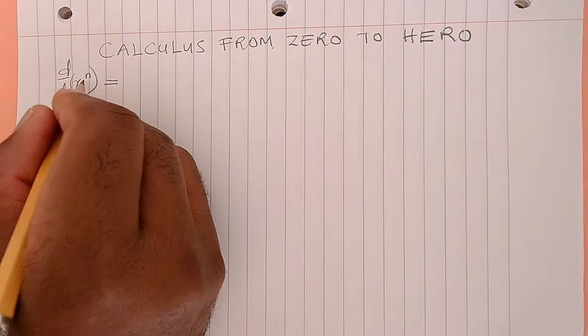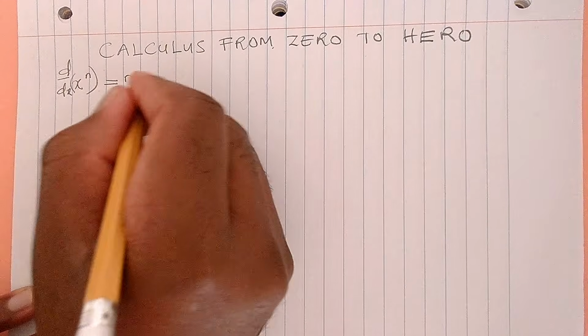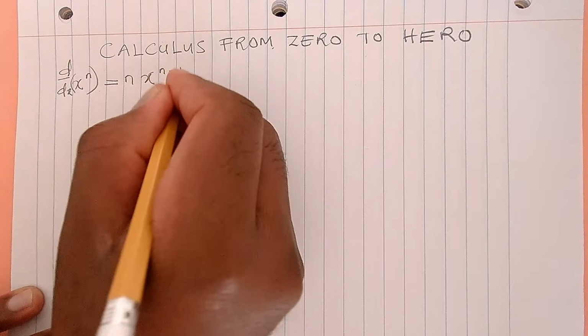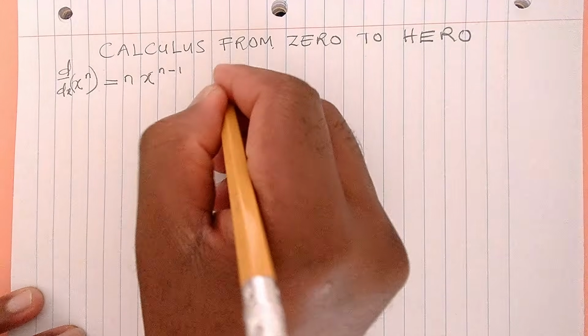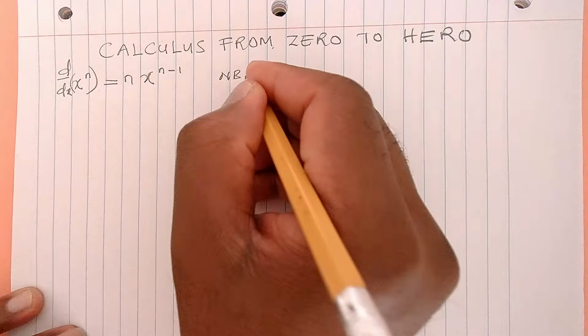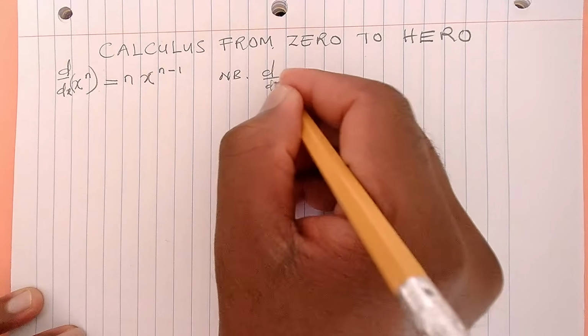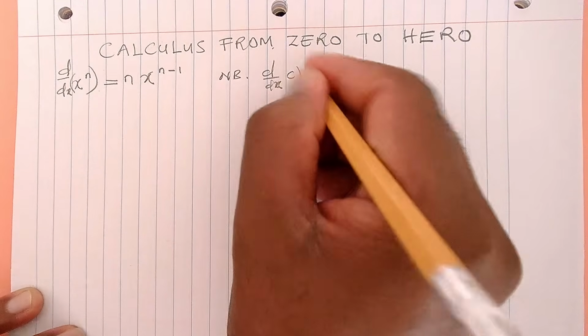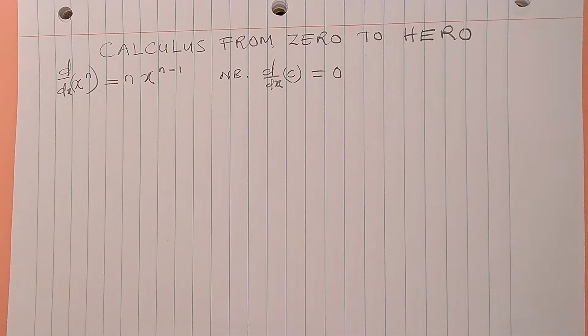What you basically do is drop the power n, then reduce the power by 1, n minus 1, just like that. Then you also have to note that the derivative of a constant, say c, is equal to 0. The derivative of a constant is equal to 0.